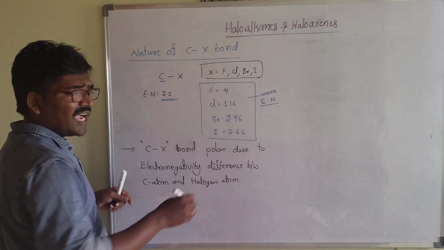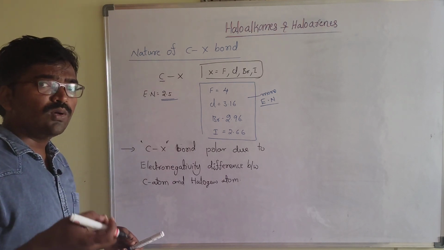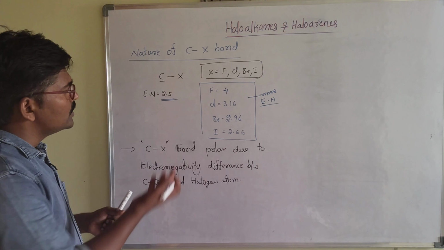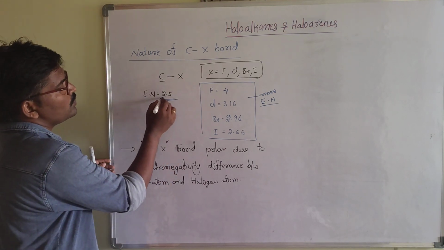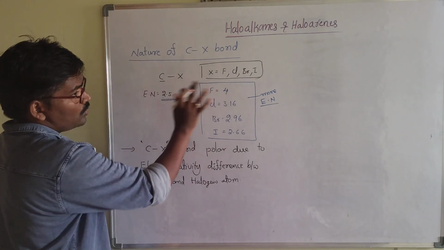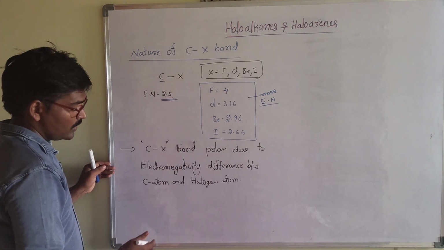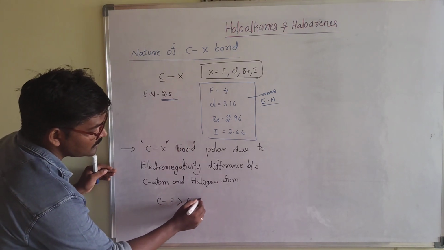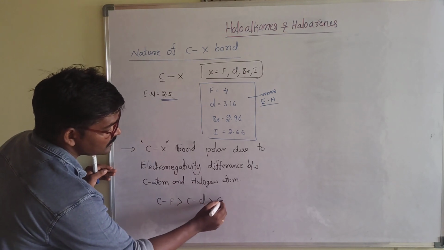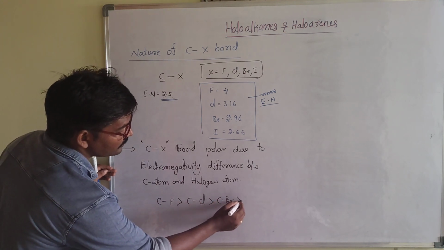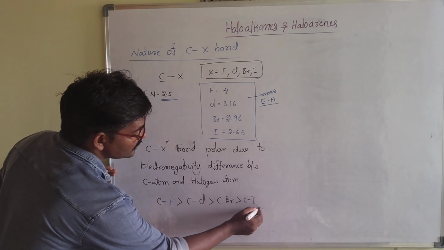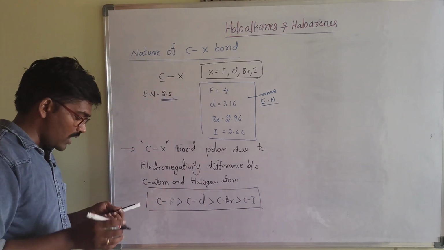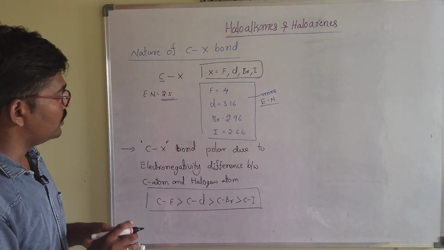Which is the most polar? Where there is more difference between the carbon and halogen, it is highly polar. We know 2.5 and 4 have the most difference. So the C-F bond is more polar than the C-Cl bond, then the C-Br bond, then the C-I bond. This is the order of polar nature of the C-X bond. Okay, polar nature we have observed.